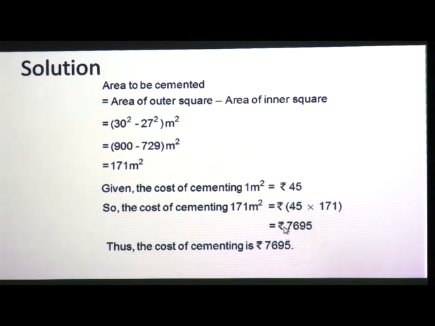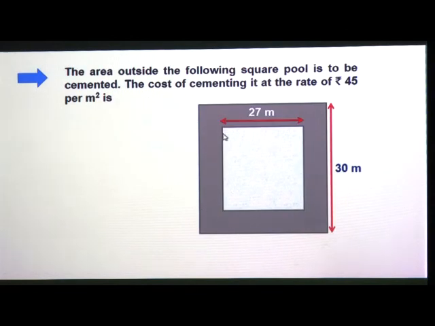That is rupees. So, what will be the cost? Rupees 7695 will be required to cement the portion outside the pool. So, thus the cost of cementing is rupees 7695. So, the grey portion which is to be cemented will require that much rupees for the cementing outside the pool.